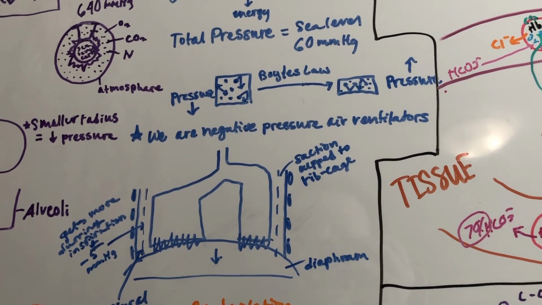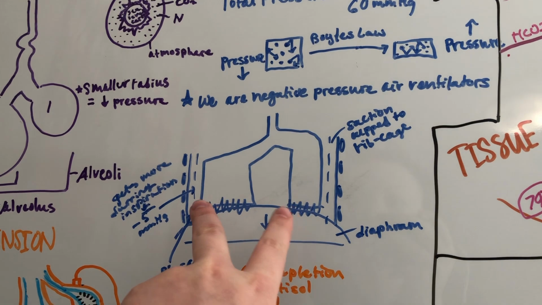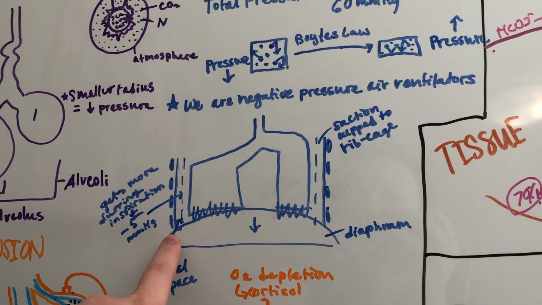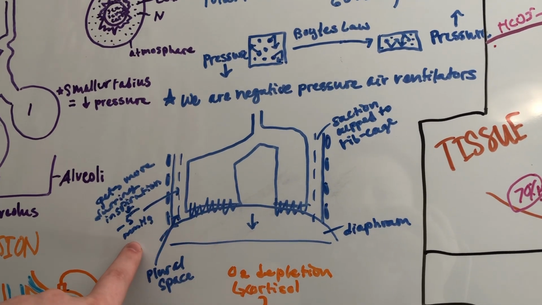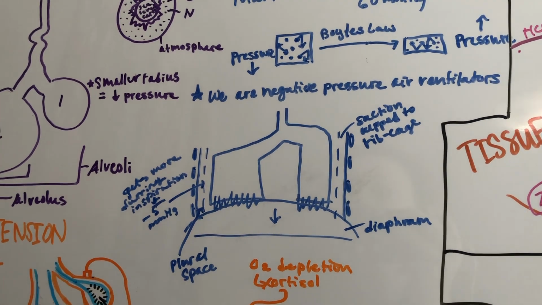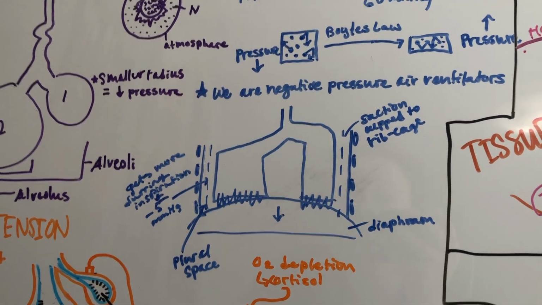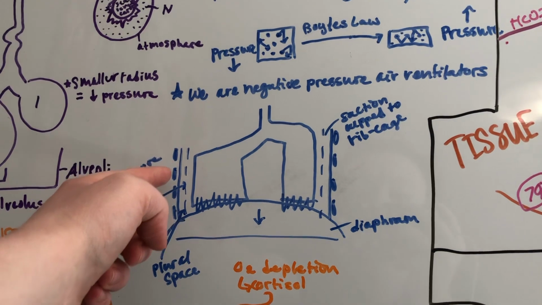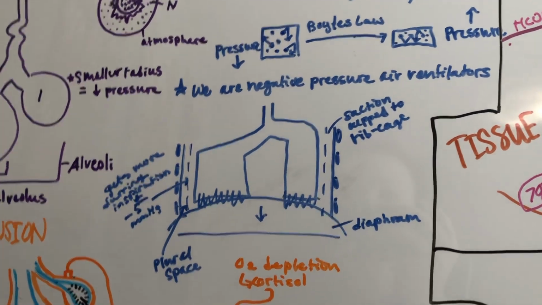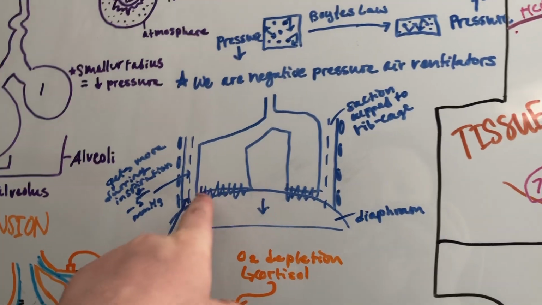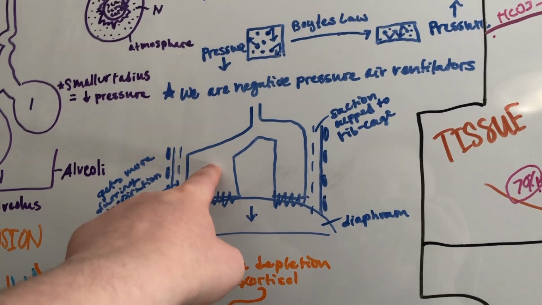And we are negative pressure air ventilators. So these are our lungs, and we have our diaphragm. This is our pleural space, and that's going to be -5, and that gets more negative during inspiration. These dotted lines are our ribs, and our diaphragm is attached to our lungs.